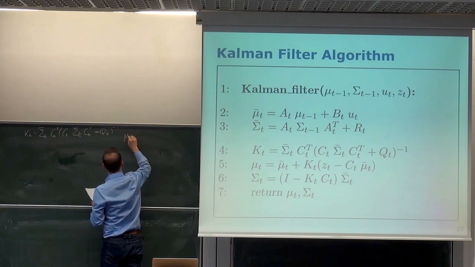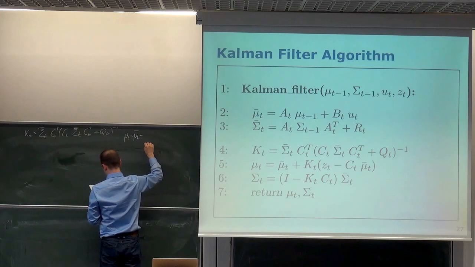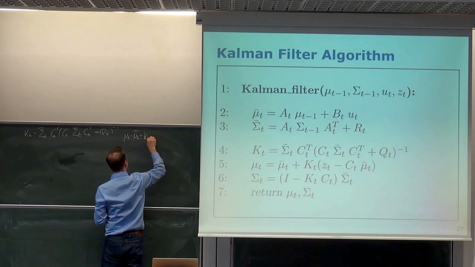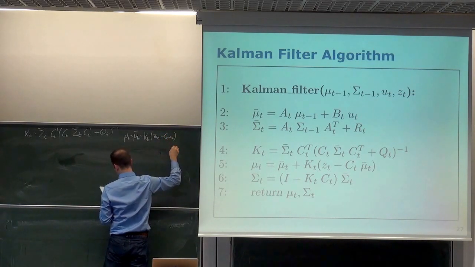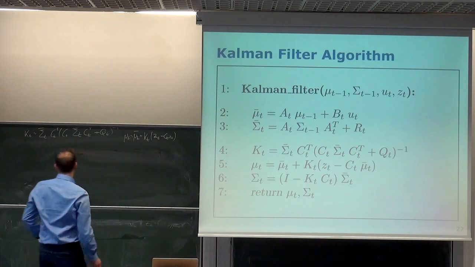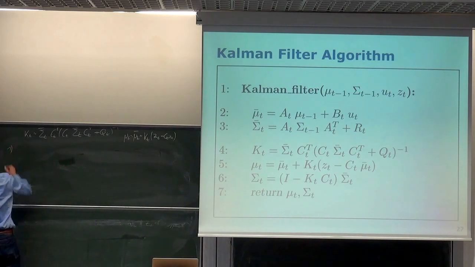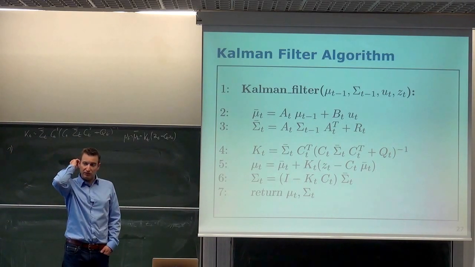And I had for the mean, the predicted mean plus Kalman gain times (z_T minus C_T x_T). Okay. So the example A is the perfect sensor.